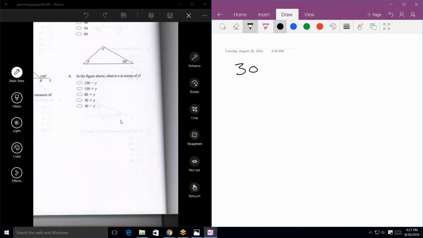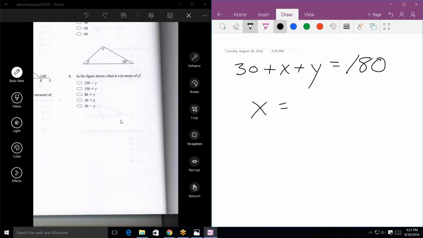No, I want you to write it as 30 plus x plus y. In other words, I want you to do one step at a time, and you'll see why. What's that equal? 30 plus x plus y equals 180. Okay. Now, they want you to solve for x in terms of y. So solve this equation for x. What do you get?